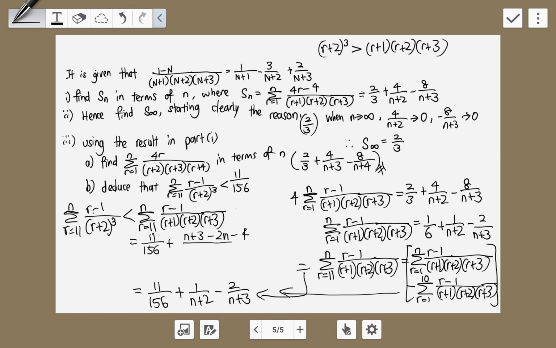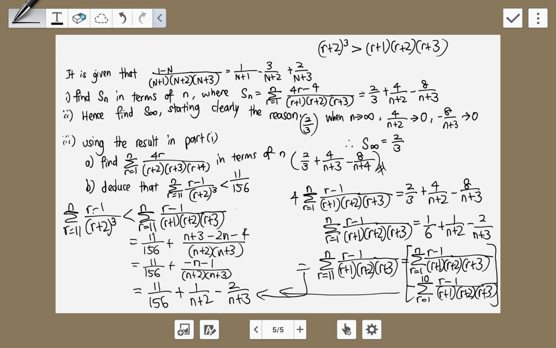And here I will have m plus 2, m plus 3. Okay, so to simplify, I will get 11 over 156 plus, n minus 2n will give me minus n, and 3 minus 4 will give me minus 1, over m plus 2, m plus 3.